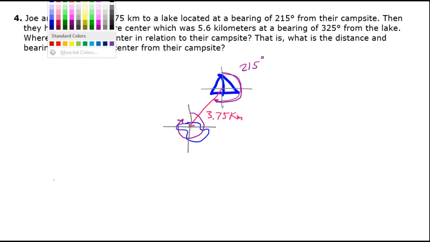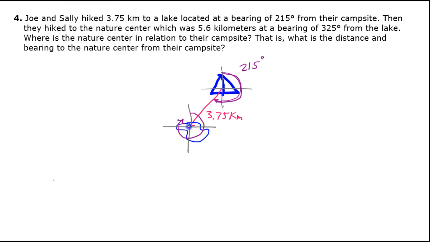So we will definitely be here in the second quadrant for this one. And this is a longer distance of 5.6 kilometers. And so then you arrive at this nature center. So here's a flower to represent the nature center.